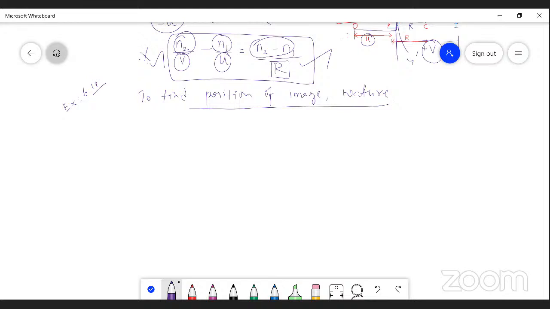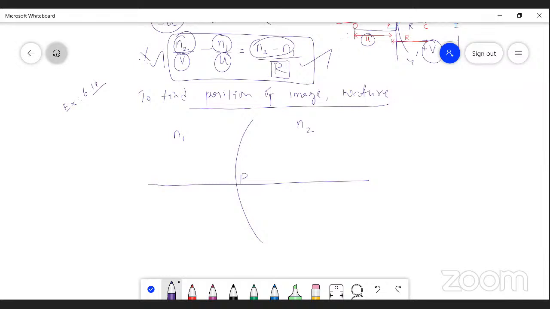In our textbook diagram, this is one refracting surface. This medium is n1, and this medium is n2. Next is the principal axis. This point is the pole P, and the object distance is 15 centimeters.